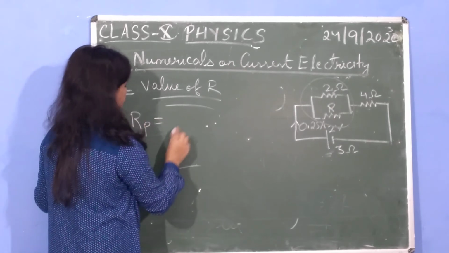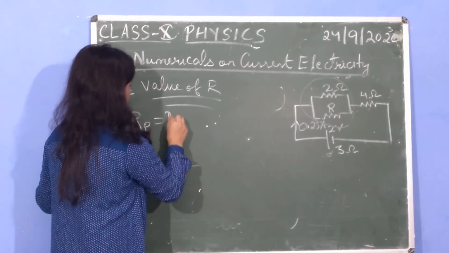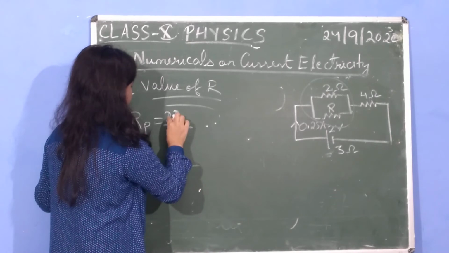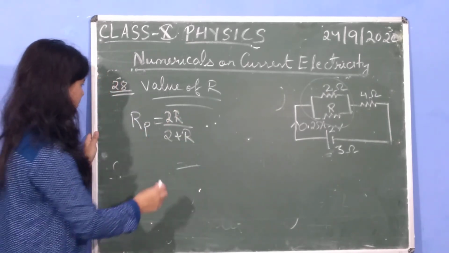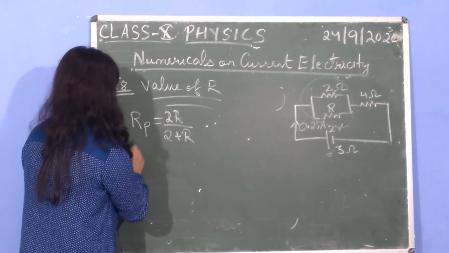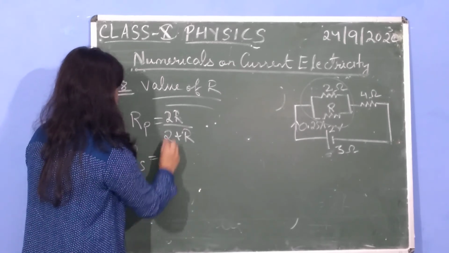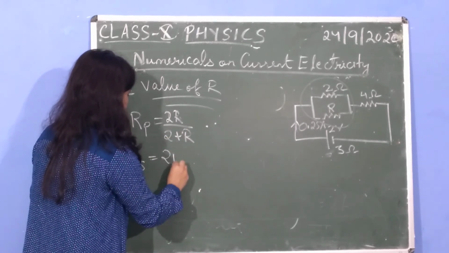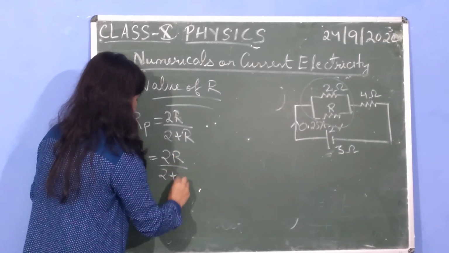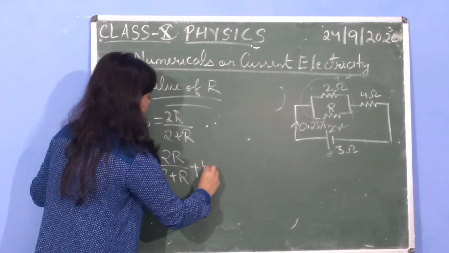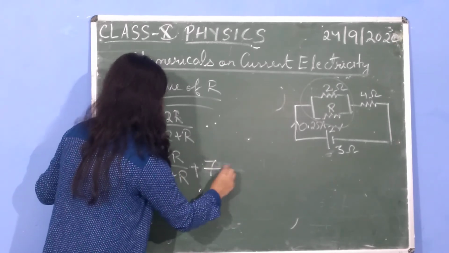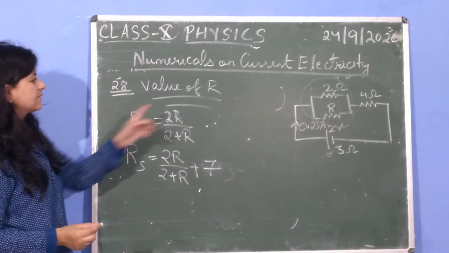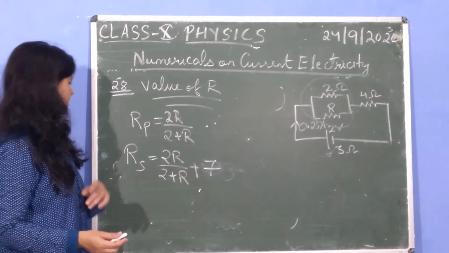Rp is equal to 2 times R by 2 plus R. Since R is not known to us, we will leave it. Then we have the total resistance in series as this Rp's value 2R by 2 plus R, plus we have 4 in series, plus we have 3, so 4 plus 3 is 7. So the total value of resistance for this entire circuit is 2R by 2 plus R plus 7.